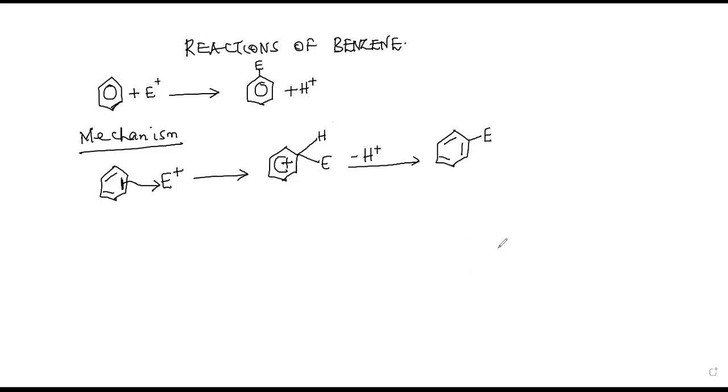Now, benzene undergoes electrophilic substitution reactions. When we say electrophilic substitution reactions, it means that an electrophile, or an electron deficient species, is displacing or replacing a hydrogen atom, all right? It is displacing the hydrogen atom, or substituting the hydrogen atom of the ring.